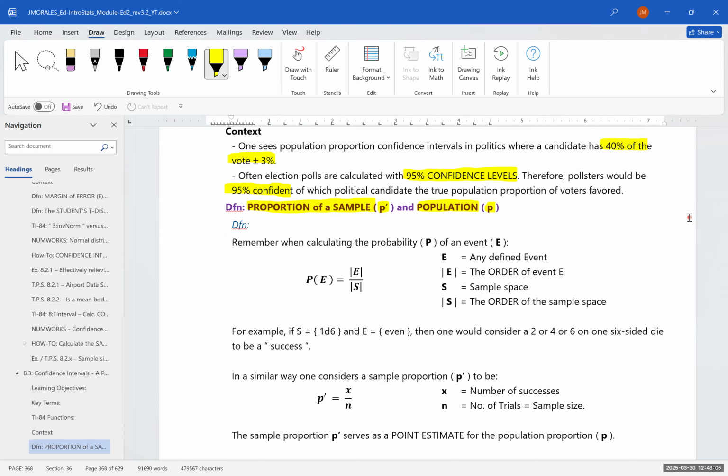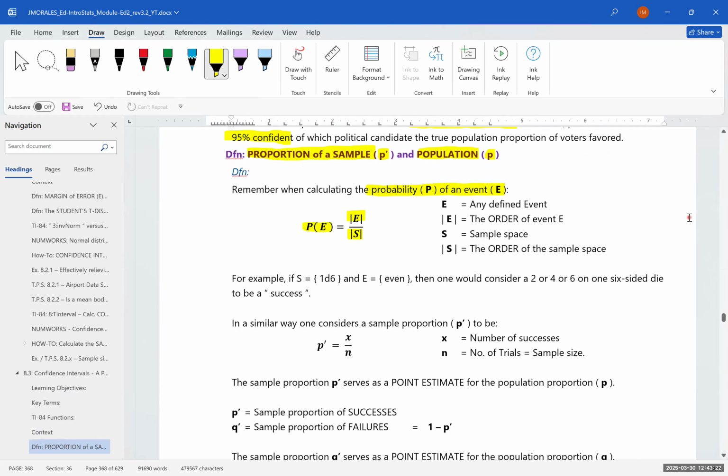Now remember, to help you with what we talk about when we're talking about a proportion, remember when we calculated probability of an event. Probability of an event was the order of the event over the order of the sample space. So, for example, if our sample space was all of the elementary outcomes of a six-sided die, and our event was an even result, then you would consider a 2, 4, or 6 on one six-sided die to be a success.